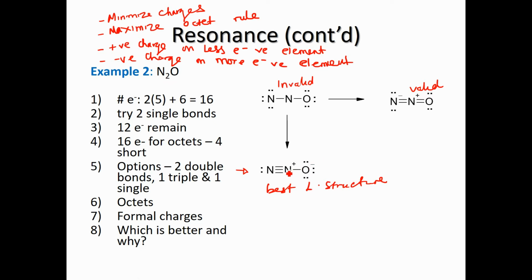Everything is octet. All elements have 8 electrons around them. We've maximized the octet rule. We'll minimize charges here because plus and negative will cancel, and the positive charge is on the less electronegative element, which is nitrogen, which is to the left of oxygen on the periodic table. Electronegativity increases across the periodic table like that. So negative charge on the more electronegative, which is oxygen, so which is here. So the negative charge is right there. So this is going to be the best.